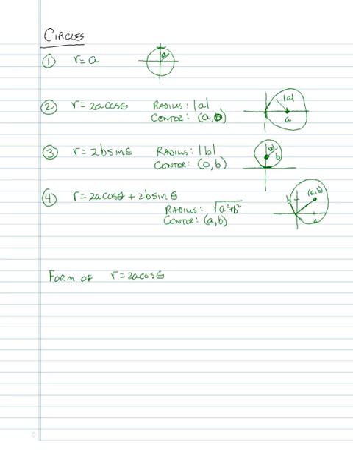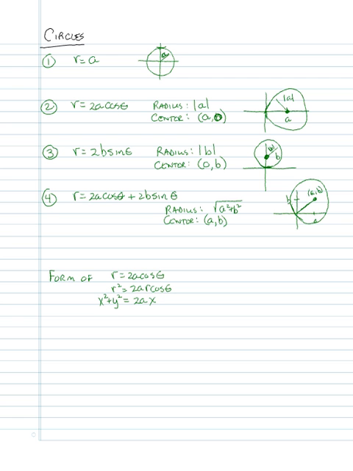What I'm going to do is multiply both sides by r, so I end up with r squared is equal to 2a r cosine of theta. Now the r cosine of theta can be replaced with an x, can't it? And the r squared can be replaced with x squared plus y squared. So this becomes x squared plus y squared is equal to 2a times x.